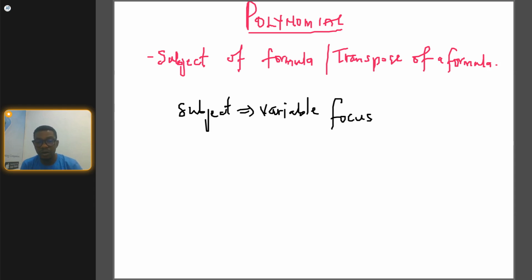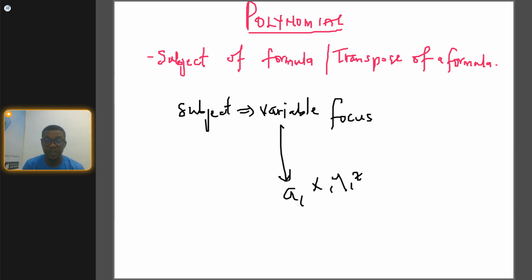So in mathematics also, it has a meaning that is synonymous to that of English. A subject means a variable of focus. Variables are alphabets like A, X, Y, Z, and so on. So the variable of focus is the subject that we are going to discuss today.